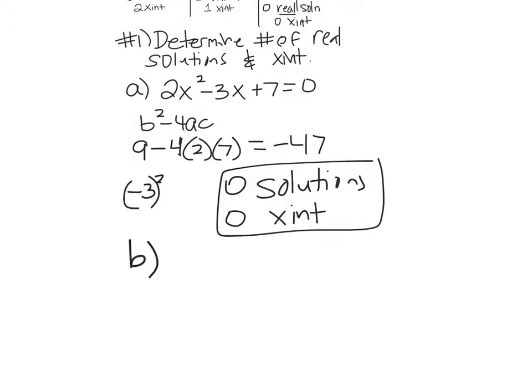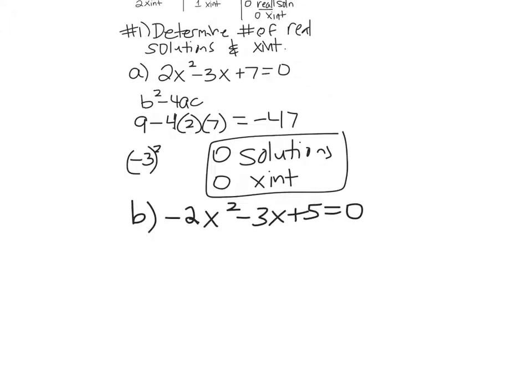All right, letter B. Try this one now. How many solutions to negative 2x squared minus 3x plus 5 equals 0? First, find the discriminant, if I know what that is, and then let's say how many solutions it has. Okay, so be careful. B squared again.